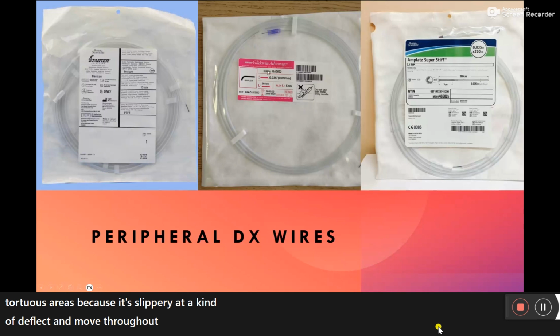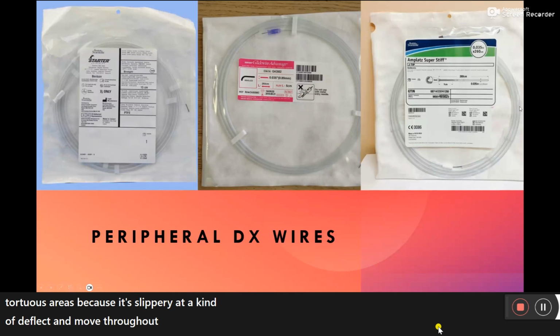But you don't ever want to use this through a needle to try and get a wire advanced through the needle, because what will happen is that hydrophilic coating that's on the wire will get shaved off on the needle. And then you'll have that hydrophilic coating circulating through the bloodstream, and that could be very, very bad for the patient. So always remember with this one, never send it through the needle. Only through the sheath or through a catheter. Never through a needle.